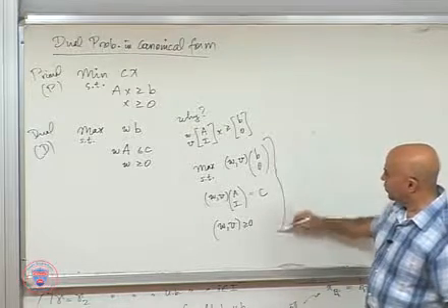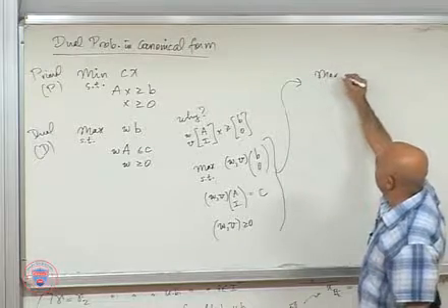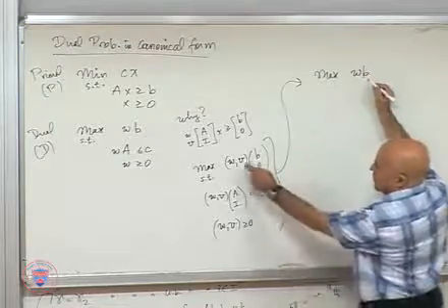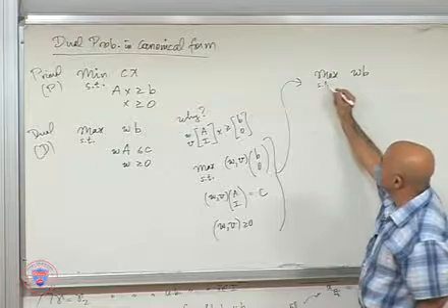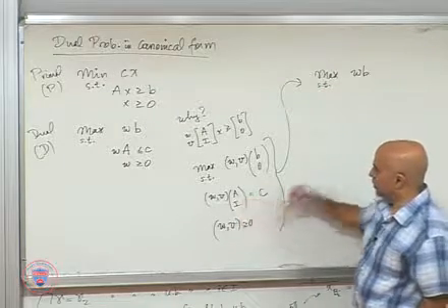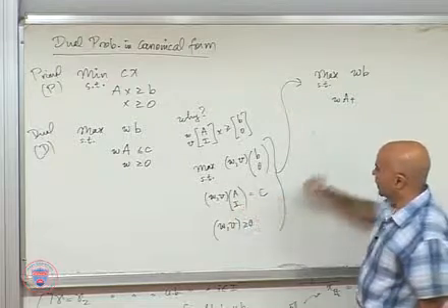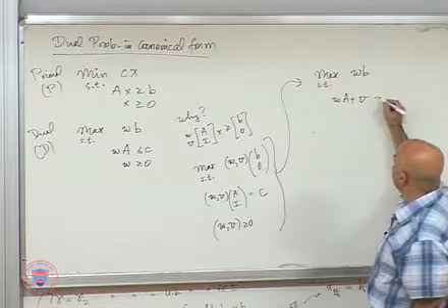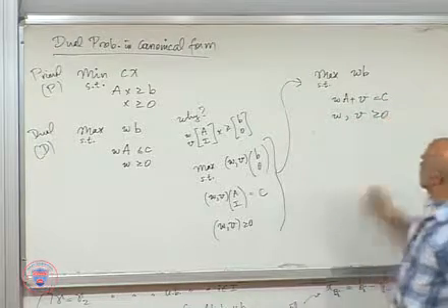This gives you the maximization of Wb plus V times 0, which is 0, subject to WA plus identity times V, so that's WA plus V, equals C, with W and V being non-negative.